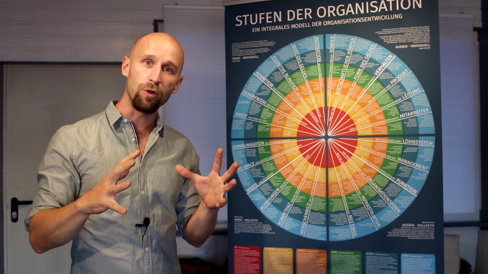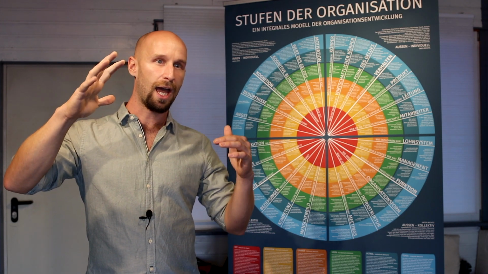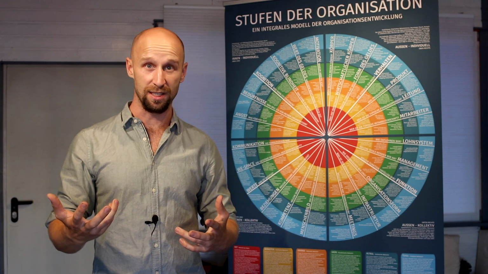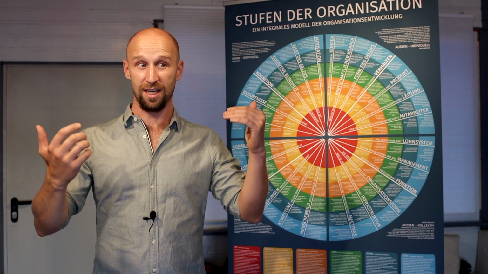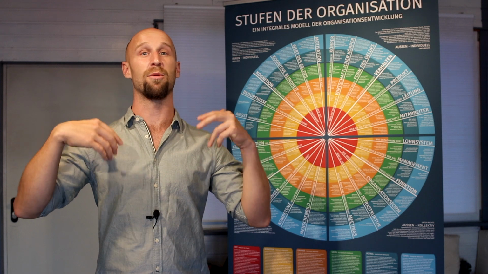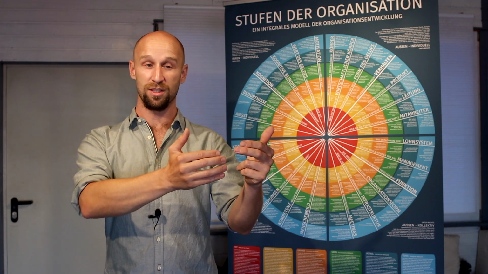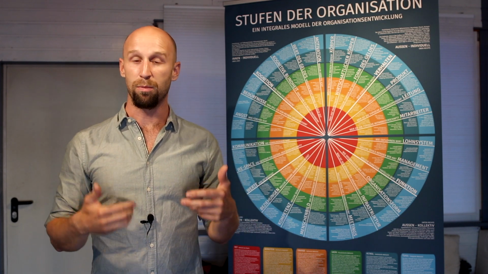So part of the organization is already on teal, but then when you look at how they pay their employees, so their salary system, that's usually still on orange. And it's very rare that they're both growing together, because when it comes to money, then there's fear involved, which hinders that growth. And so that would be one of the first issues that we would point out.